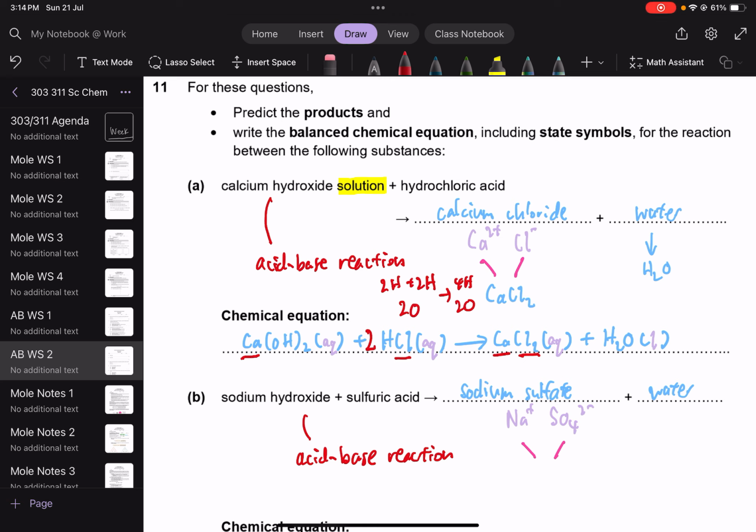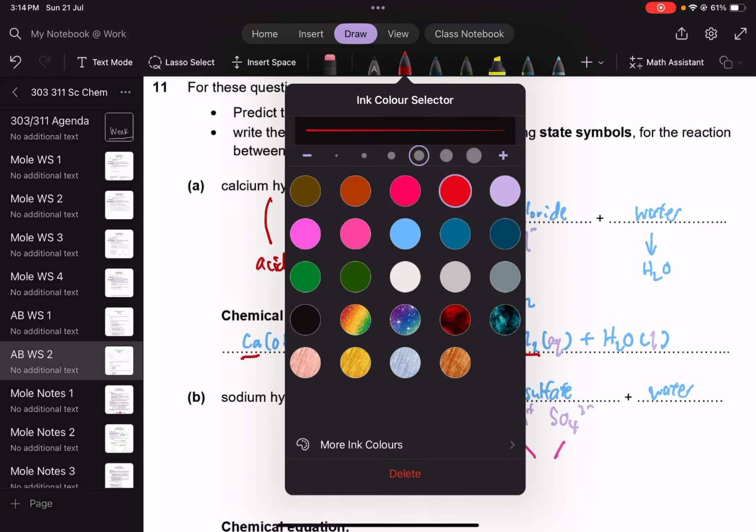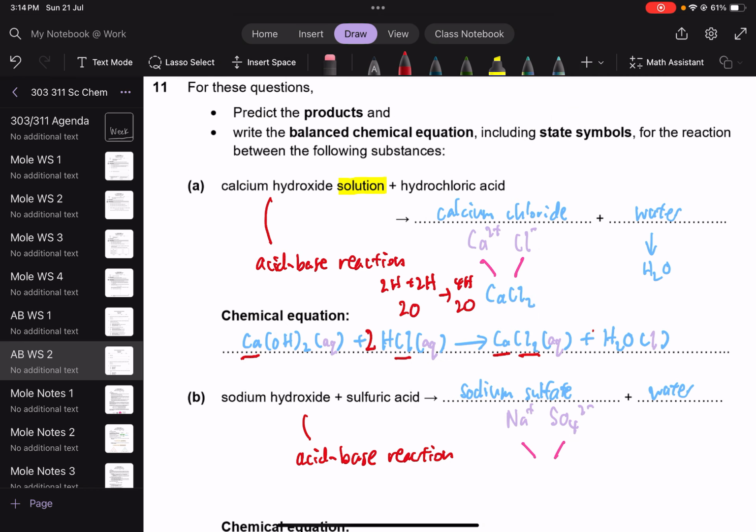So H2O is actually just 2 times of H2 and O to give 4H and 2O. So therefore, we just put a 2 here. And then now let's erase whatever that we don't need. So this should be your fully balanced chemical equation for 11A.